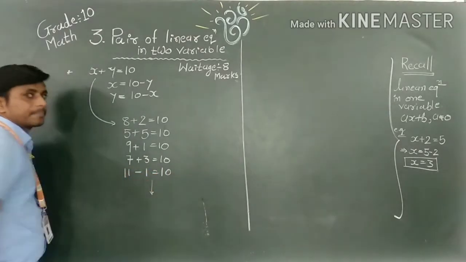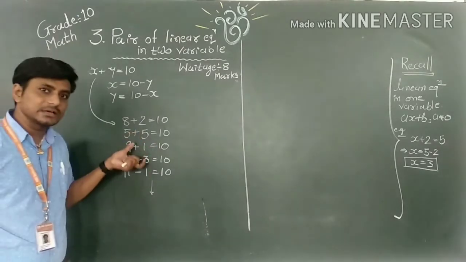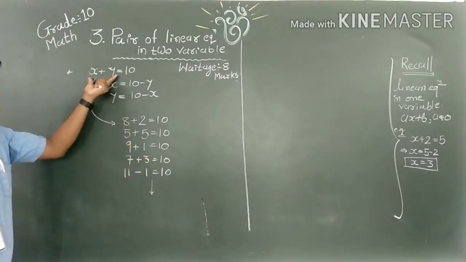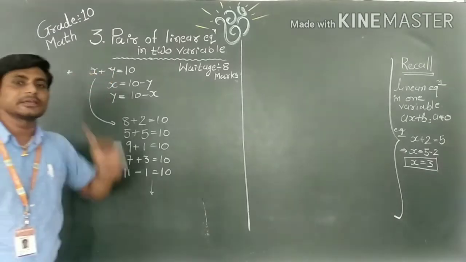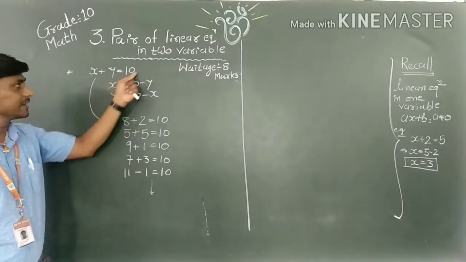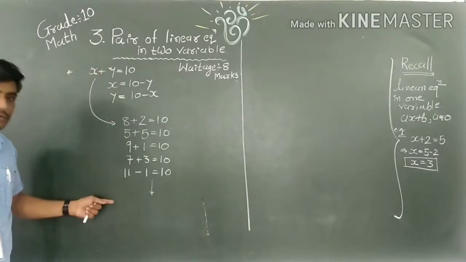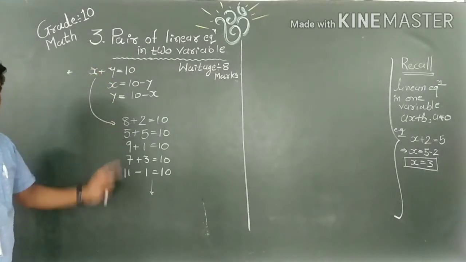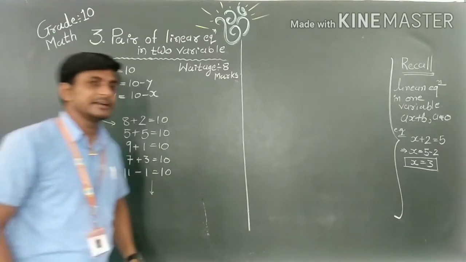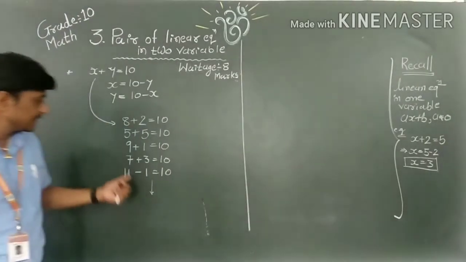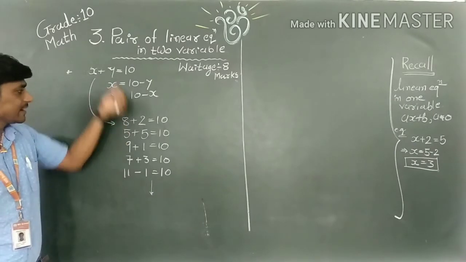Therefore, this scenario tells us there are many solutions. If we have only one equation in two variables, then there are many solutions for x and y. We cannot determine specifically x equal to 8 or y equal to 2.